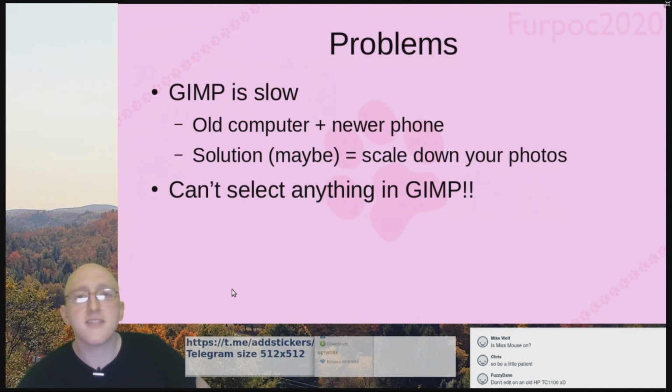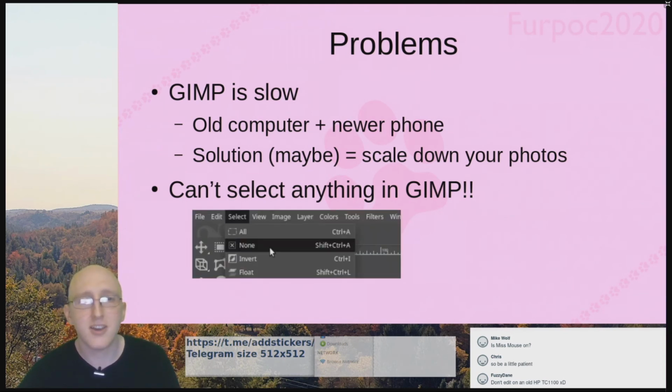Can't select anything in GIMP. Oh my goodness. I still get this. I still have this problem, and I've been using GIMP for years. If you can't select anything in GIMP, first try going to Select, Select None, because you probably have everything selected. And if you have everything selected, you can't select anything more. So try Select None.